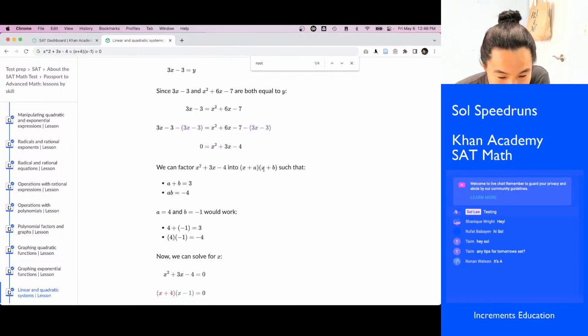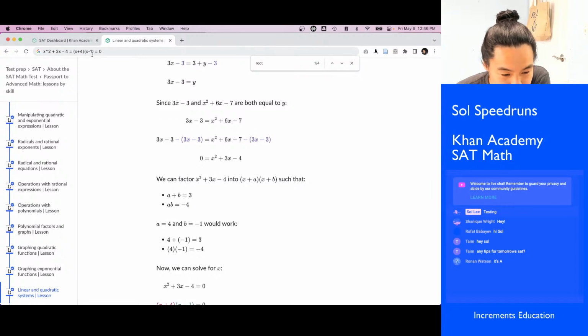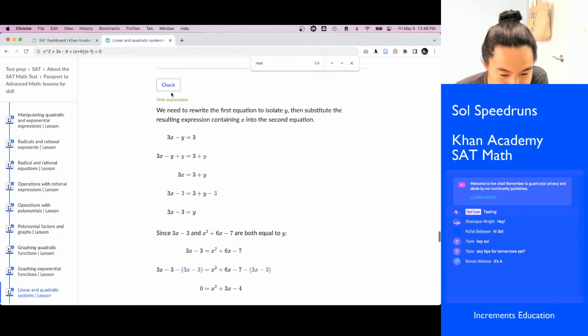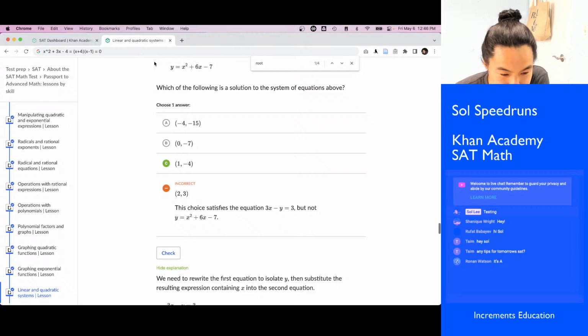Anyway, so we factor plus 4 or minus 4, plus 1, so then I could just use minus 4 and plus.